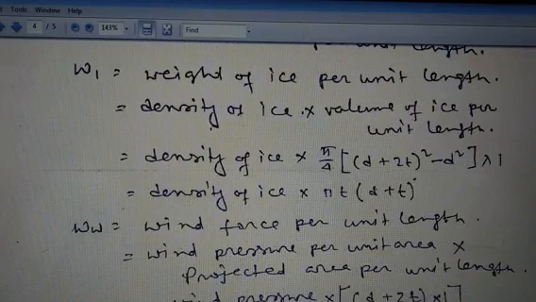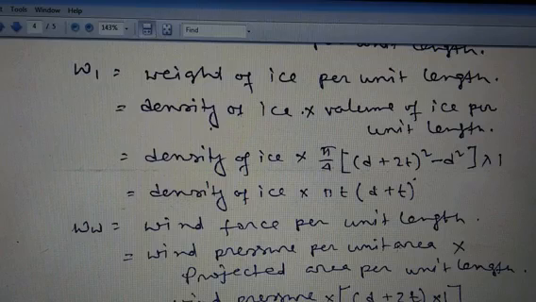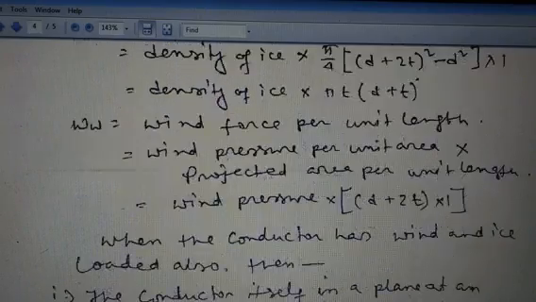Ww is the wind force per unit length, which acts horizontally. That equals wind pressure per unit area into projected area per unit length, which is the wind pressure into (d plus 2t) into 1.